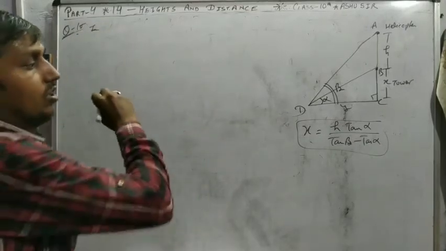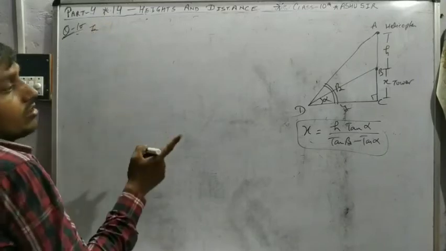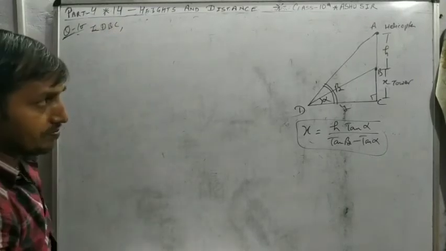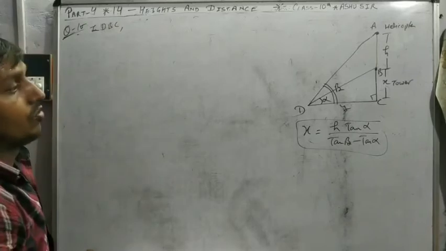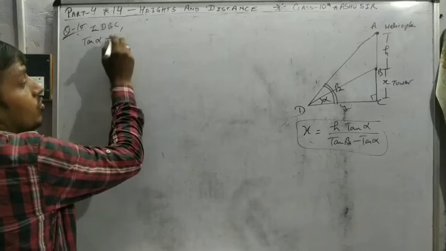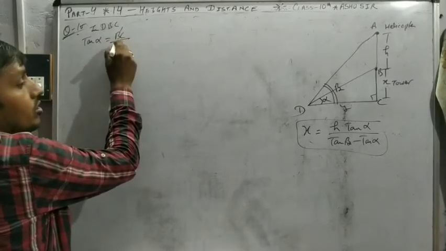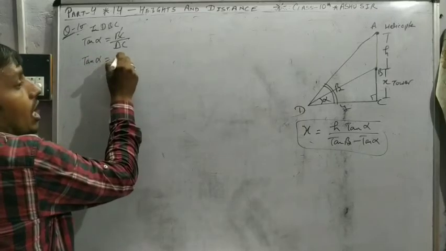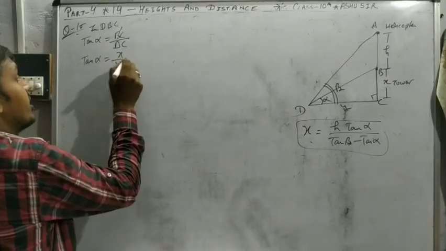Combine two triangles. In triangle DBC, what's the value? Tan alpha is equal to BC upon DC. Tan alpha is equal to x upon y.